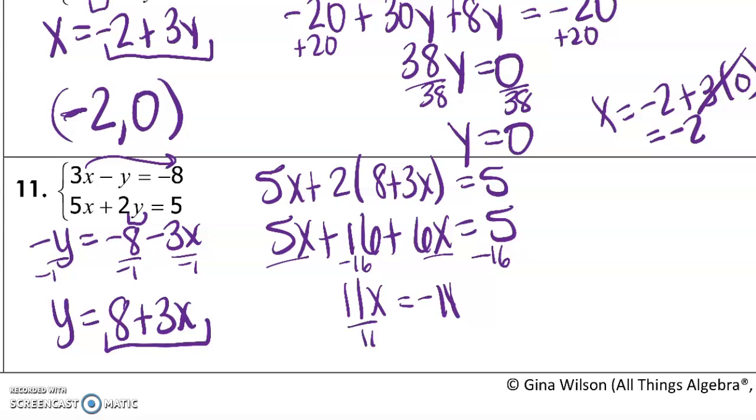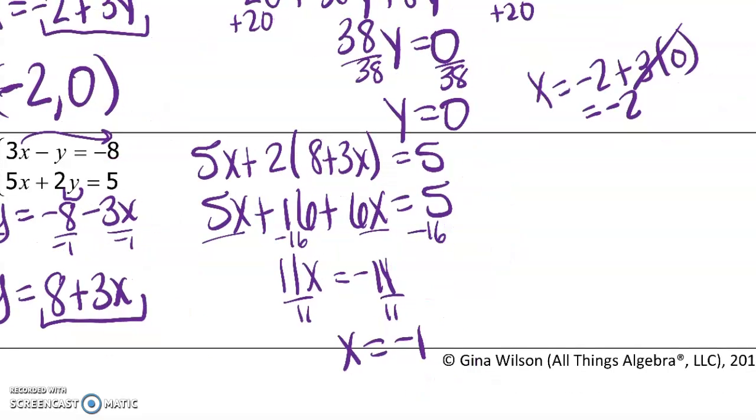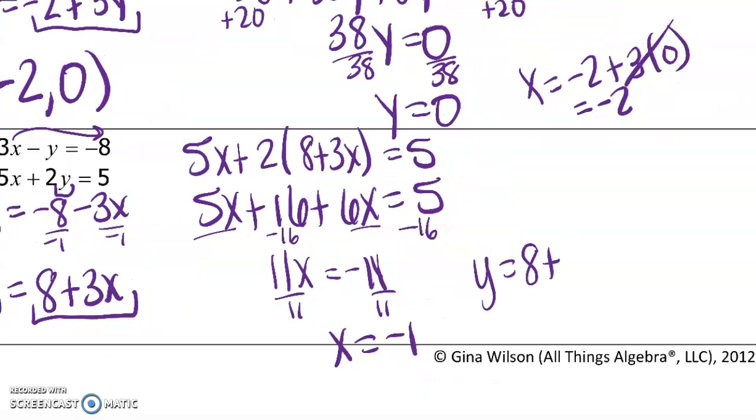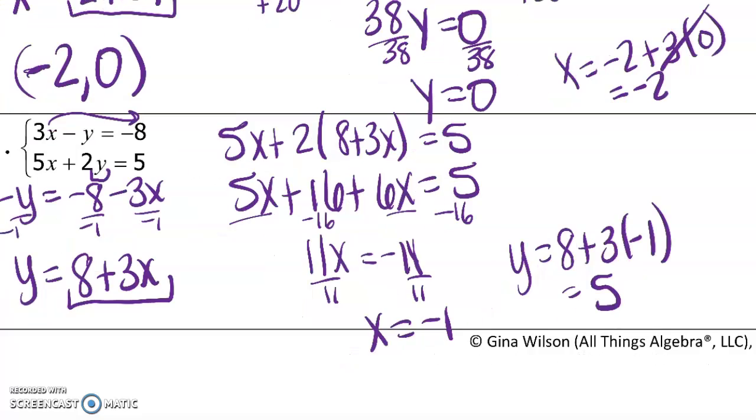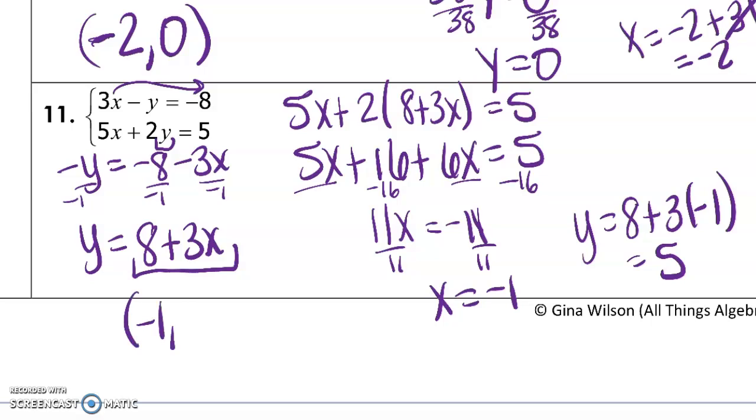So if you know that that's just negative 1, you don't need to show your division. But we do get x equals negative 1. Plug that back in. Y equals 8 plus 3 times negative 1, because that's what we saw for x, and we get 5. So negative 1, 5 is your answer for number 11.